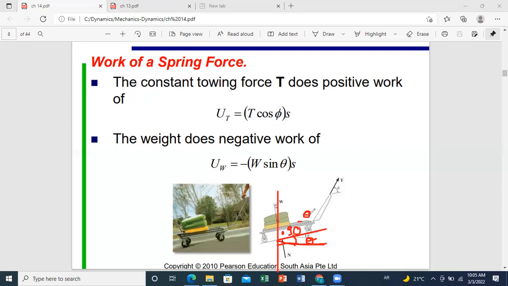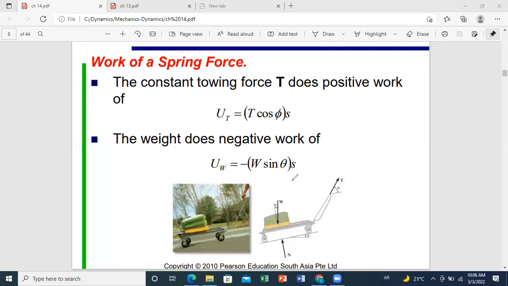And therefore, the angle between the weight and the perpendicular to motion will be equal to theta. Okay, so now if you want to project W along the line of motion, which is the incline, you should multiply by cosine 90 minus theta, or by sine theta.